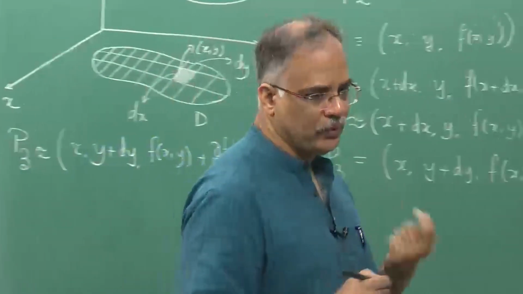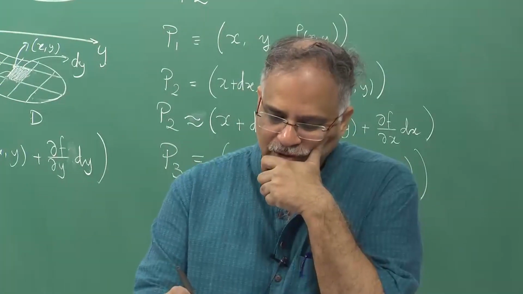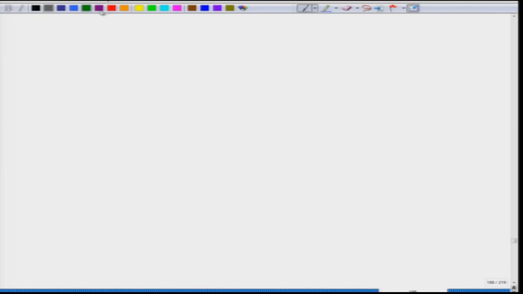The hint is as follows. Here you have a hemisphere, with the x axis, y axis, z axis, and you have a hemisphere of radius 1.